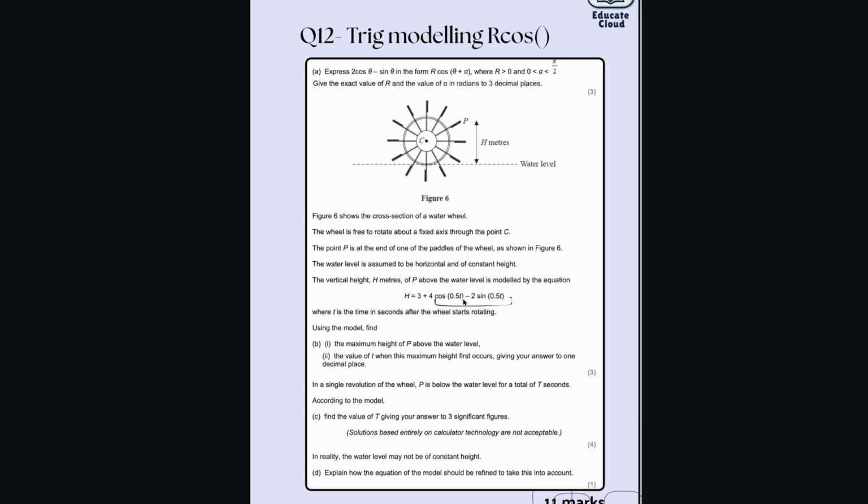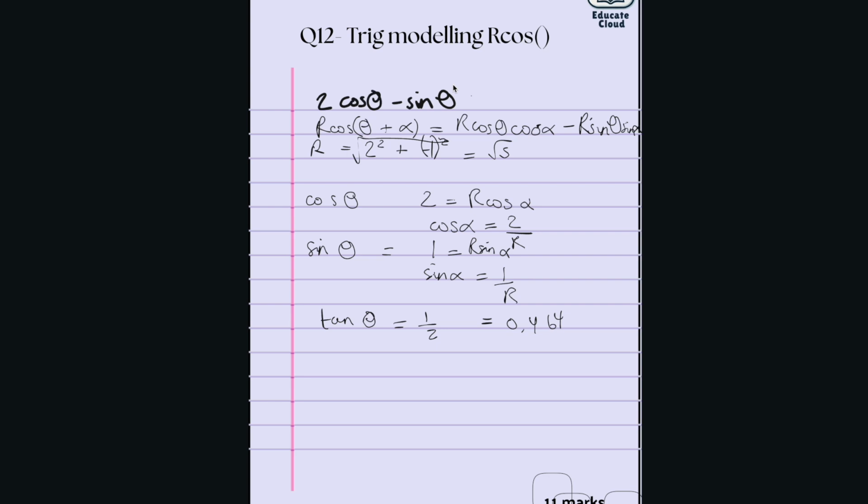So first of all, let's write out what we got for the first part. We got root 5 cos(theta plus 0.464). And here it's 0.5t.